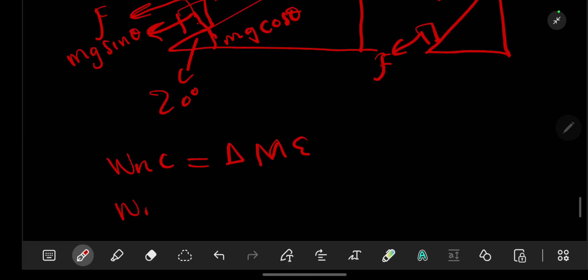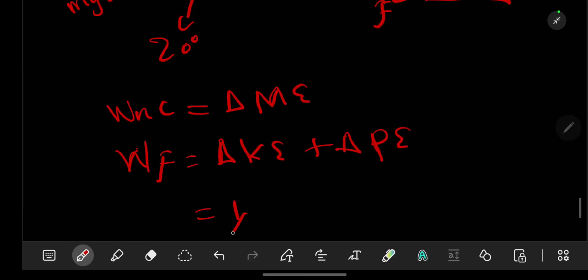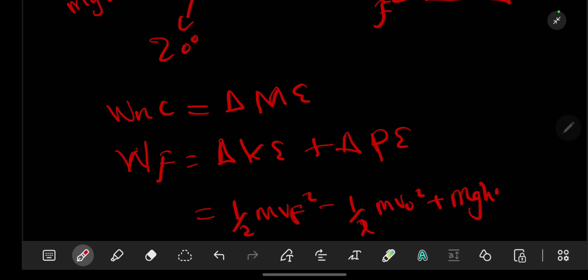In this case, if there is no other force, this work will be the work by friction, which should be equal to the change in kinetic energy plus the change in potential energy. Here we know this is half m v final squared minus half m v initial squared, plus m g h final.